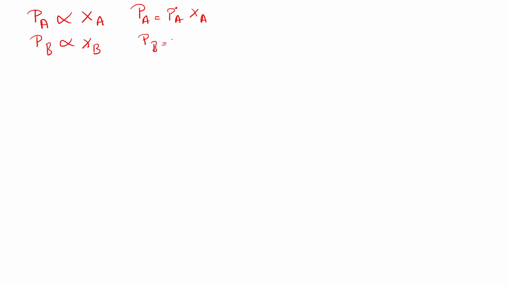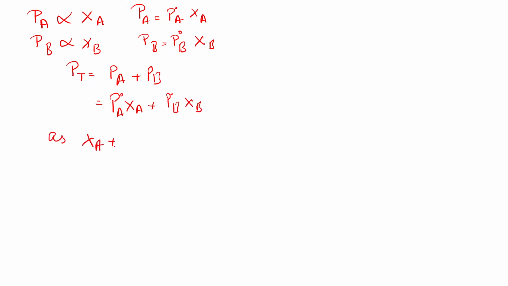Therefore, partial pressure of B can be written as P naught B into XB. Since P total for the solution is equal to partial pressure of A plus partial pressure of B, substituting the values from above, P naught A into XA plus P naught B into XB. The mole fraction of component A plus the mole fraction of component B gives 1. Therefore, you can write XB in the form 1 minus XA.